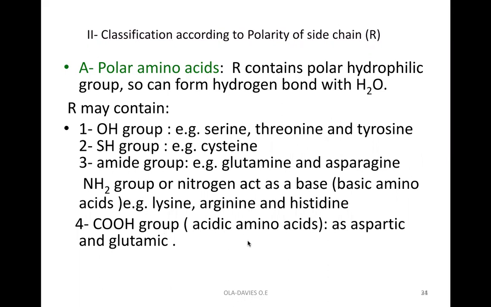That shows the pH will be lower, whereas if it were basic, the pH will be above 7. Examples of the acidic are the aspartic acid and the glutamic acid. And don't forget, we said the aspartic acid is in the 4 carbon, oxaloacetate family, whereas the glutamic acid is in the 5 carbon family.